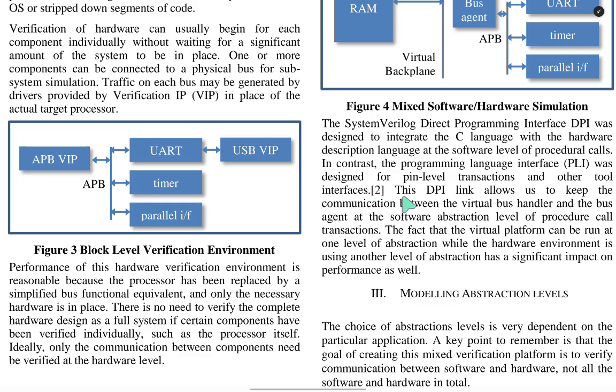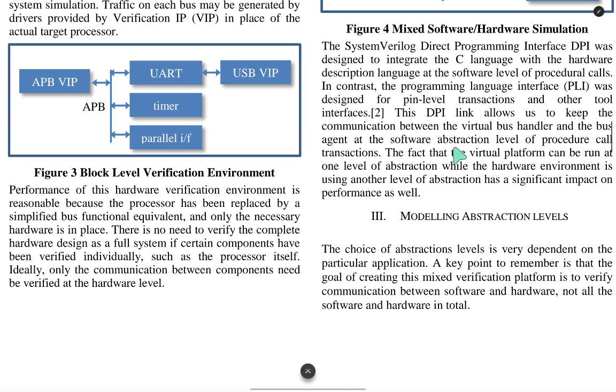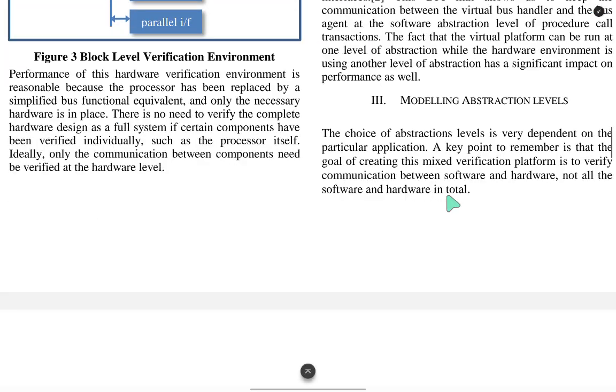The DPI link allows us to keep the communication between the virtual bus handler and the bus agent at the software abstraction level of procedural call transactions. The fact that a virtual platform can be run at one level of abstraction while the hardware environment is using another level of abstraction has a significant impact on performance as well.